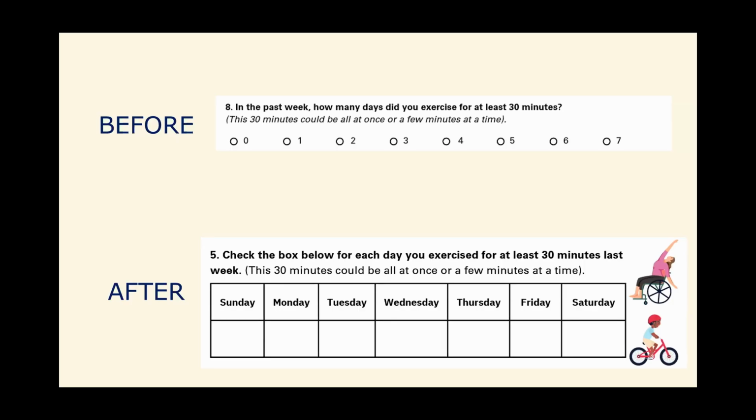So previously, you'd think for a moment and give a number or choose a number. And after we had adjusted the question, it was more of a, well, typically I do this and I feel confident in saying that on this day I get 30 minutes and on this day I get 30 minutes.